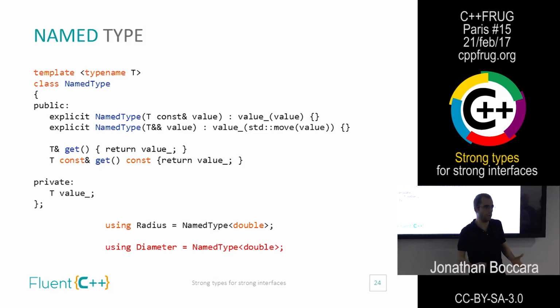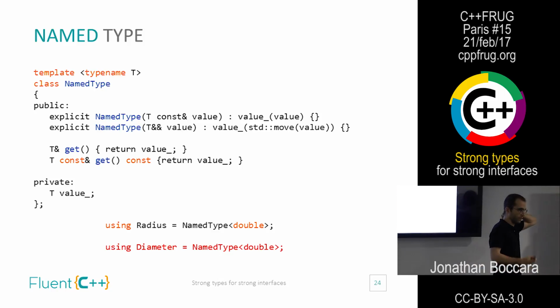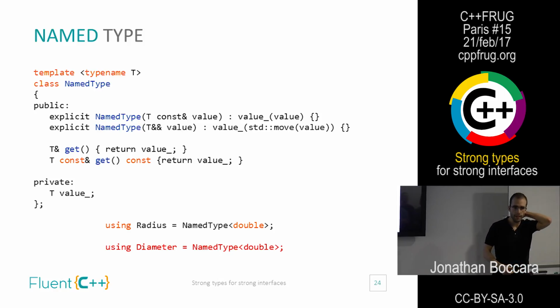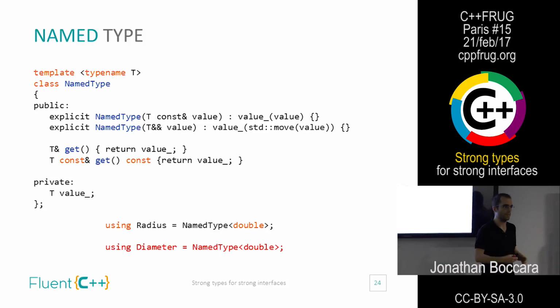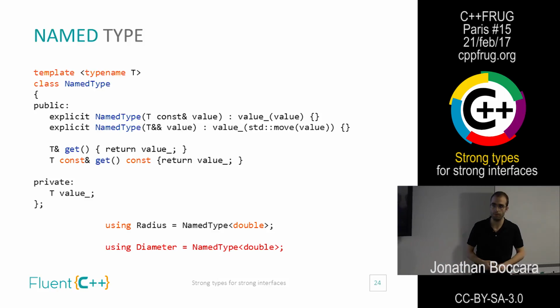If I have a const strong type, then I could get a const underlying type, and dealing with rvalue references, in case I receive a temporary, which can happen. That's just a generification of strong type, which I'm calling NamedType because that's the whole purpose of it.